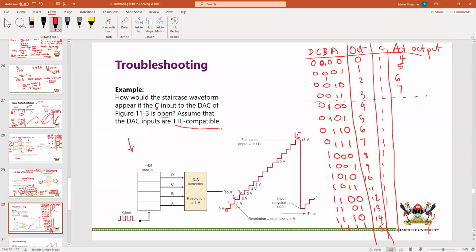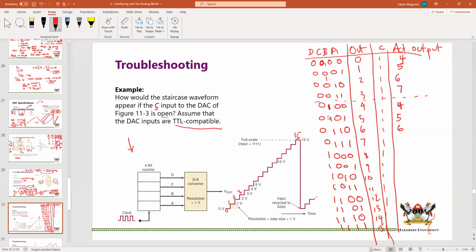Have I reached there? 0, 0, 0, 1, 0, 0, 1, 0, 0, 0, 1, 1, 0, 1, 0, 0. Yeah, so we see that here, okay, so this is fine. And this will give us, when you have C as 1, we are going to get 4, because that is the weight of the third bit. And then we get 5 here because C is 1, 6.